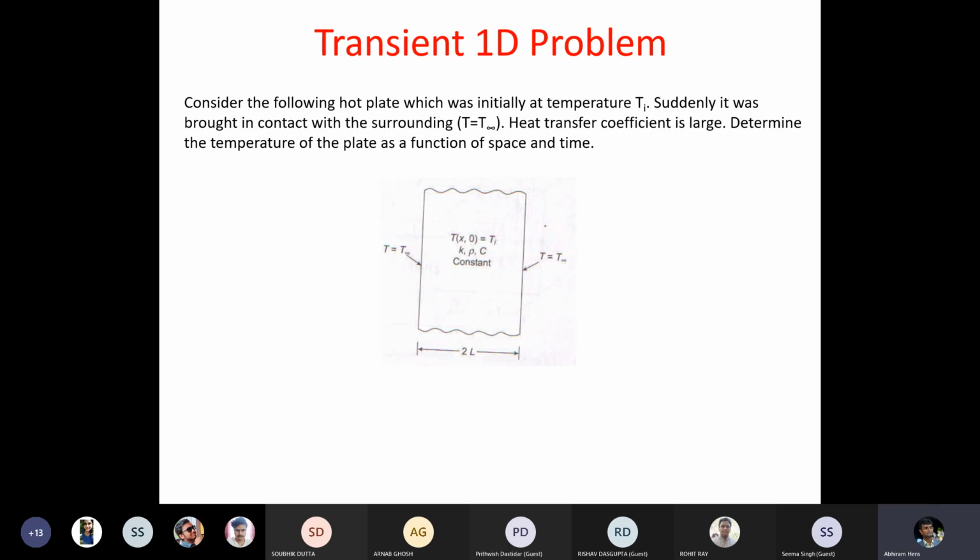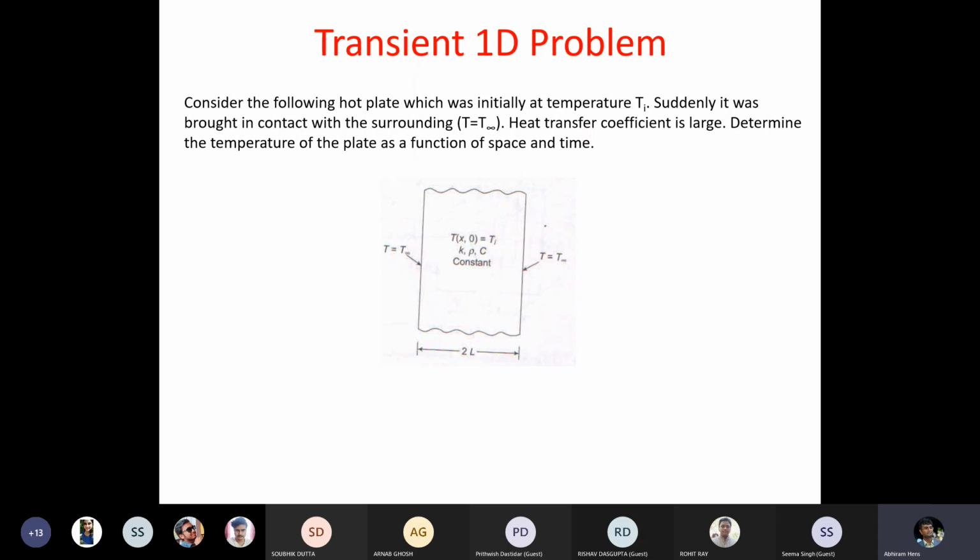In many books you will find these called unsteady 1D problems or transient 1D problems. And again for simplicity we will consider the heat conduction equation only. Without considering any convection, we just consider how heat conduction is taking place, but in an unsteady manner.